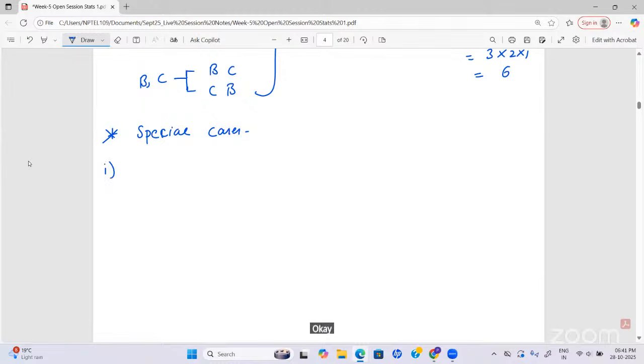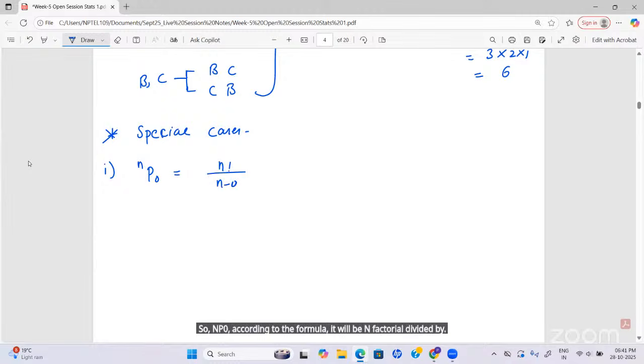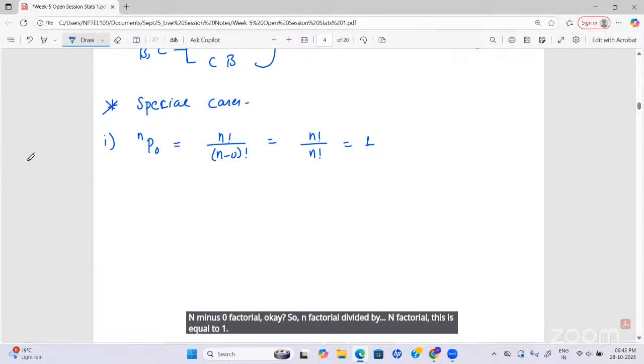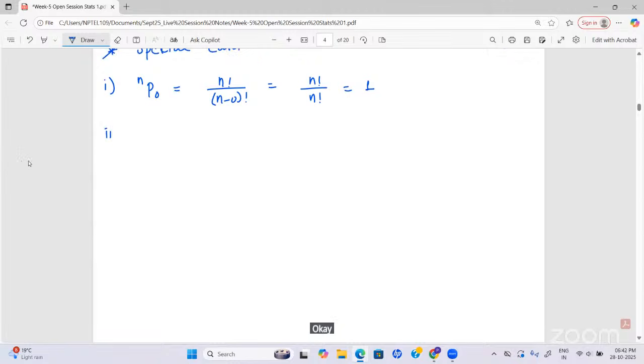Okay. So what is the value of NP0? According to the formula, it will be n factorial divided by n minus 0 factorial. So n factorial divided by n factorial is equal to 1. Then we have NP1.